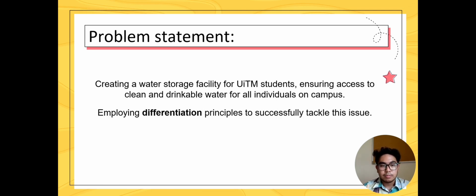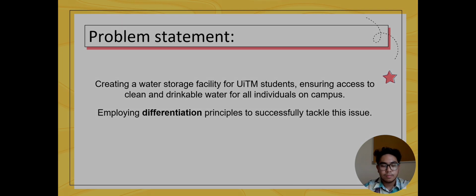The problem statement: creating a water storage facility for UiTM students, ensuring access to clean and drinkable water for all individuals on campus, employing the differentiation principle to tackle this issue.